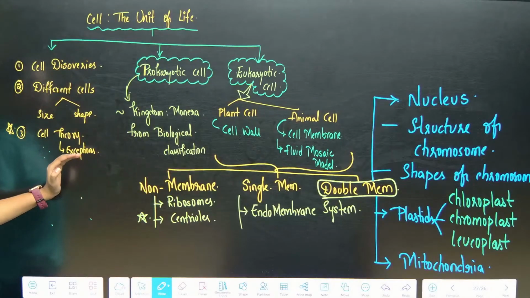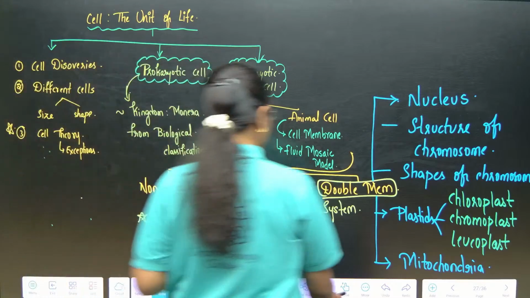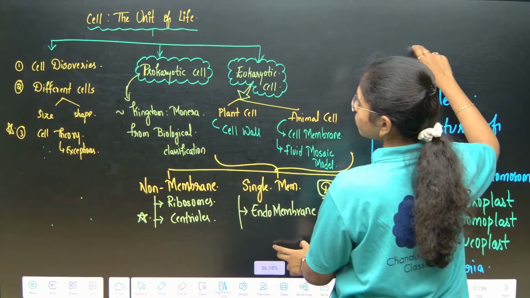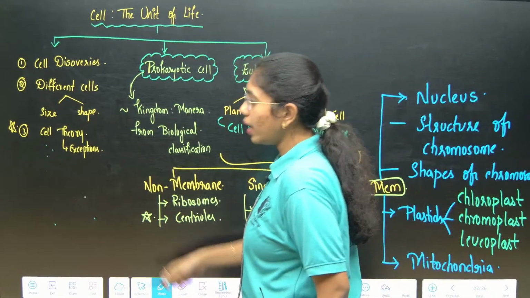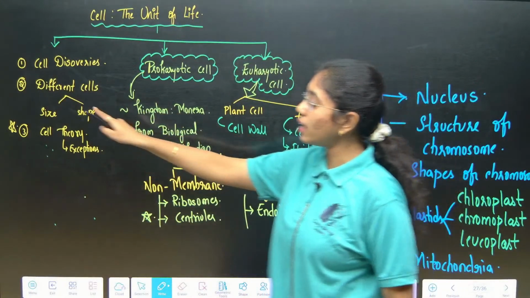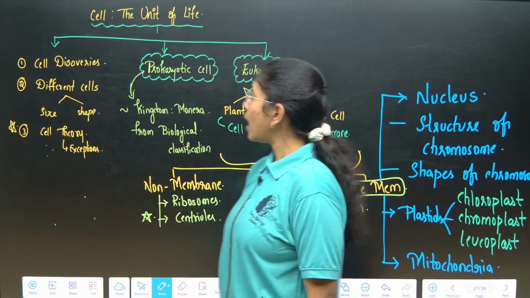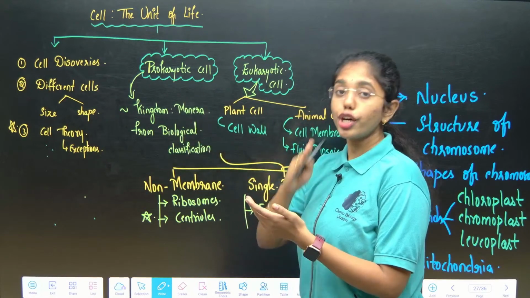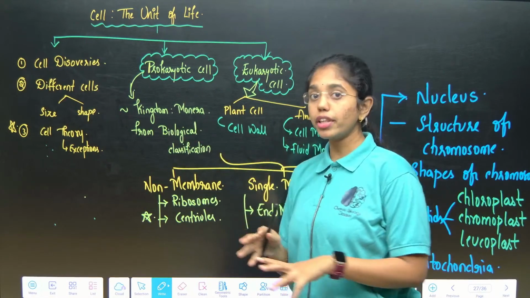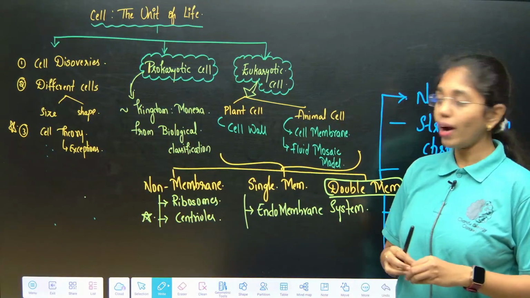First, when you start out with this chapter, look into the cell discoveries, okay, and then different shapes of the cells and different cells based on the size. After which cell theory and its exceptions. And prokaryotic cell, its complete structure and movement, types of reproduction, types of nutrition, everything you have to go through.